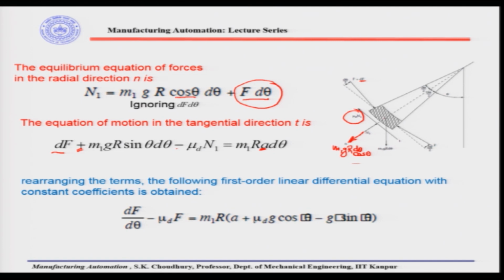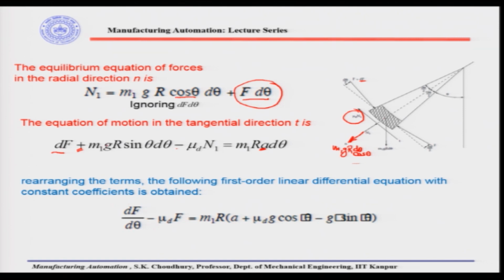Okay. So, this is understood that we are taking the equilibrium equation, force equation in the direction of the n1 and in the direction vertical to the n1. Rearranging the terms, the following first order linear differential equation with constant coefficient can be obtained.